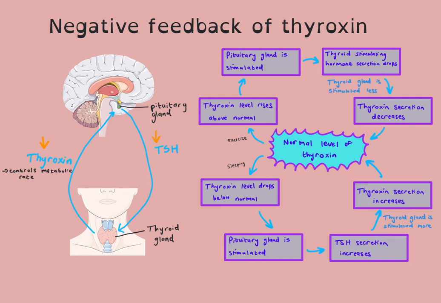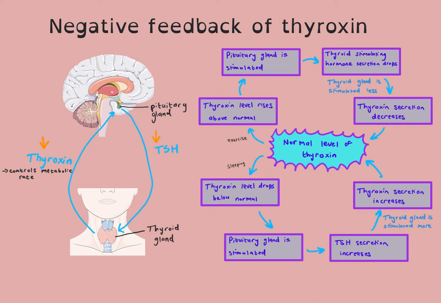The key is not to forget the different hormones and what secretes them. The pituitary gland, remember, will secrete thyroid stimulating hormone. The thyroid can't produce a hormone that stimulates itself. So thyroxin comes from the thyroid gland, but thyroid stimulating hormone comes from the pituitary and travels to the thyroid gland.